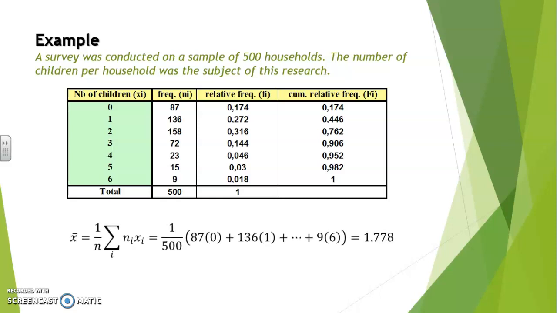So in this case, we would have to use the fact there are repetitions of the same observation. So 87 repetitions of the value 0, 136 repetitions of the value 1, and so forth. And then we will divide, once we've tallied up the sum, by the sample size, which is 500. In this case, revealing an average of 1.778 children per household.